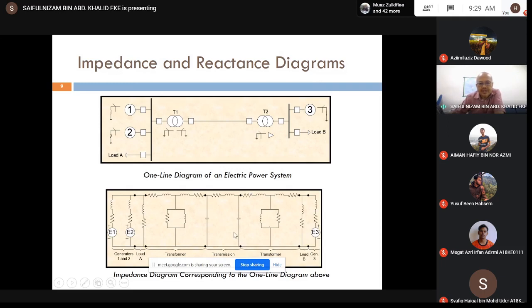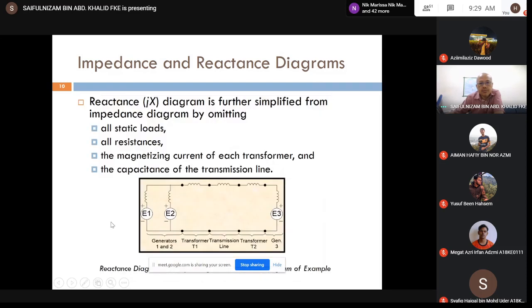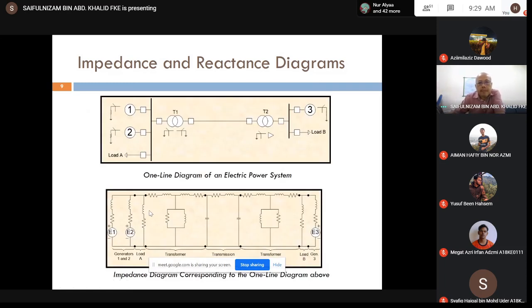Okay. Below is the impedance diagram of the one line diagram above. You can see here each component or each symbol is represented by its equivalent circuit. Generator 1 is represented by a voltage source in series with the resistors and the inductance.